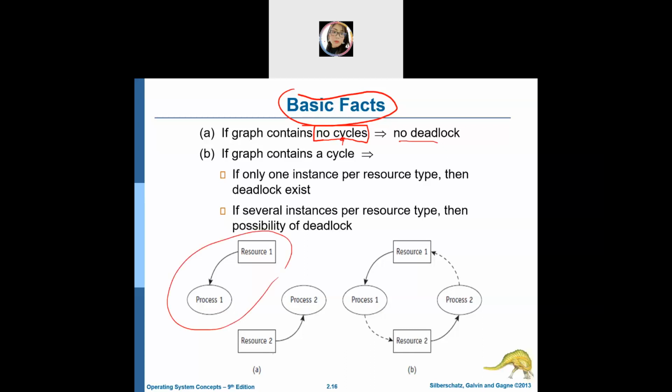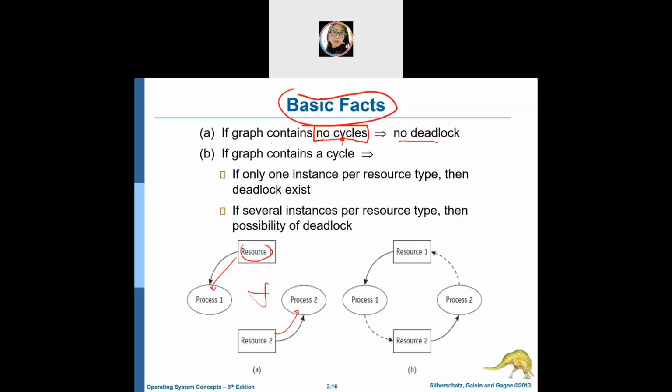Like this example at A, you don't have any cycle, so it is no deadlock because no need for you to wait. You can see here, this resource 1 is owned by process 1, this resource 2 is owned by process 2. So process 2 and process 1 did not request any other resource. So no deadlock in between.